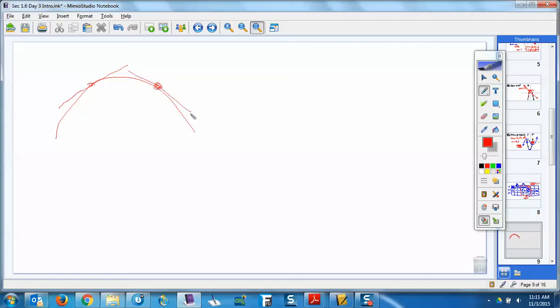Another way to think of concave up and concave down, rather than curving: concave up means the tangent lines are below the curve, and concave down, the tangent lines are above the curve. Okay? So that's a fact that we're going to make use of as we go through. So that is something kind of important.